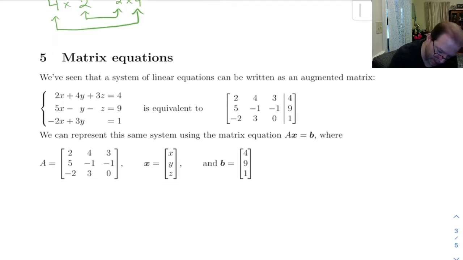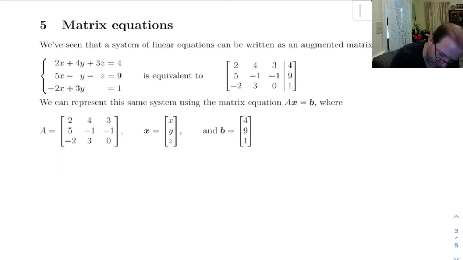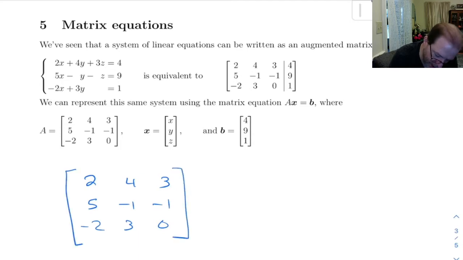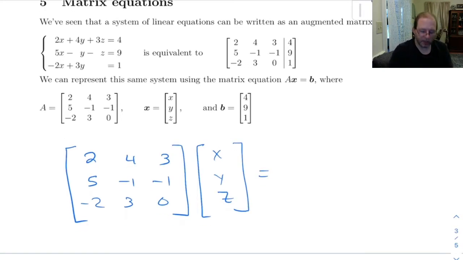Now, here's why. If you take this A matrix, I'm going to copy it down here: 2, 4, 3, 5, -1, -1, -2, 3, 0. If you take that and multiply it by x, y, z, notice this is a 3 by 3, and this is a 3 by 1, 3 rows, 1 column.